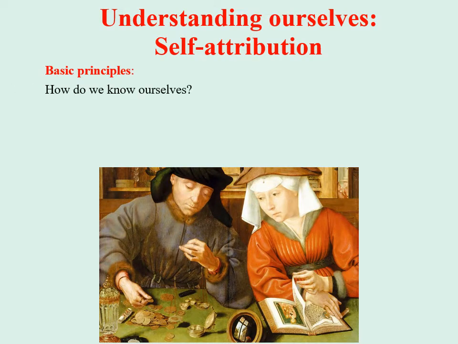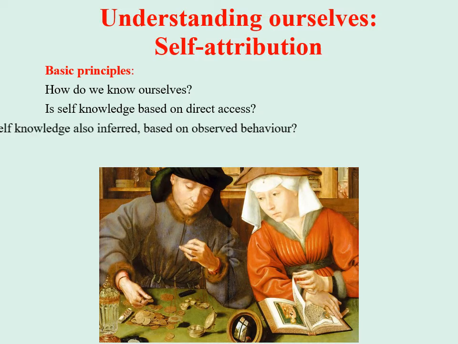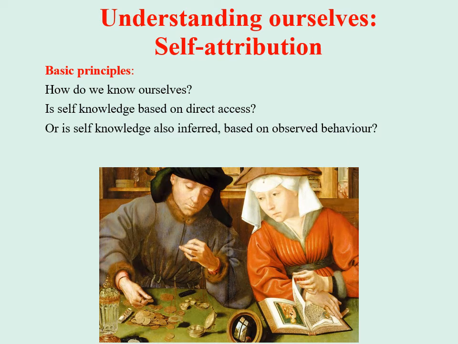The basic principle of self-attribution theory is the assumption that we really do not have direct access, immediate knowledge of our own internal processes. Of course, in everyday life, we go on the assumption that our knowledge of ourselves is unquestionable, immediate, direct, and privileged.